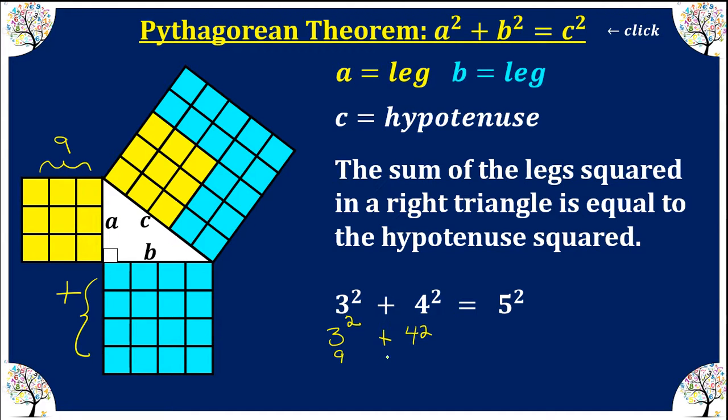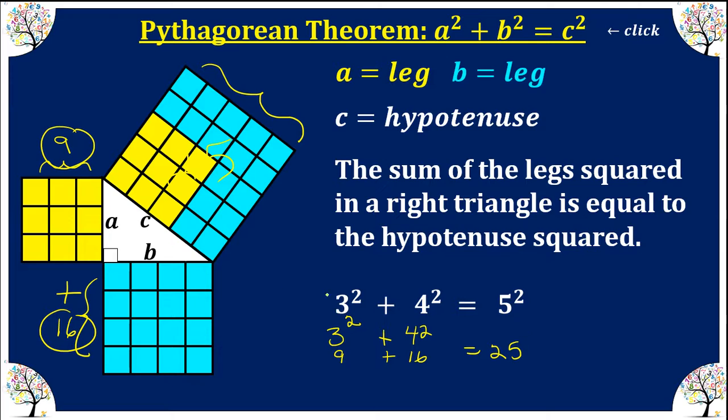When we square that, we get 16. And when we add these two areas, we get the area of the hypotenuse squared. So we get an area of 25.